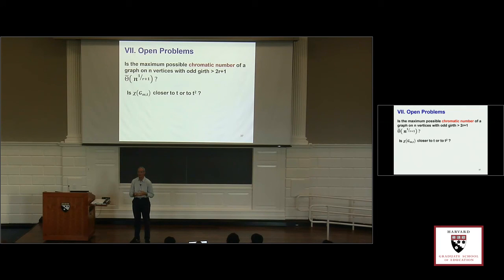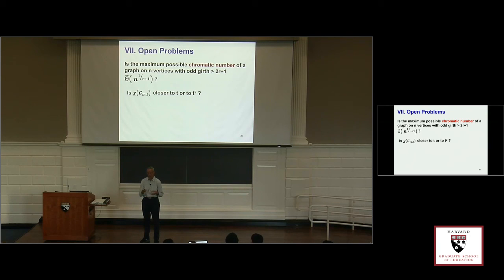There was this nice Kneser-type Cayley graph. Is its chromatic number closer to t or t squared? I think it should be closer to t squared. But it seems that at least the usual topological ways to get bounds on the chromatic number will not give more than linear.